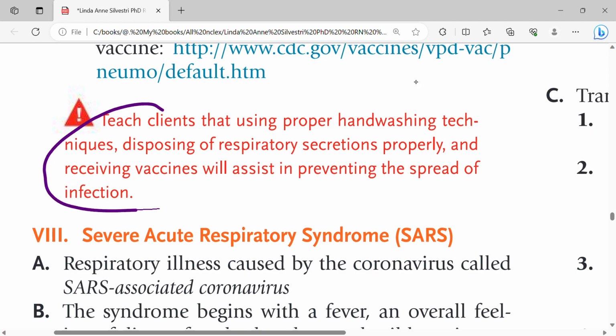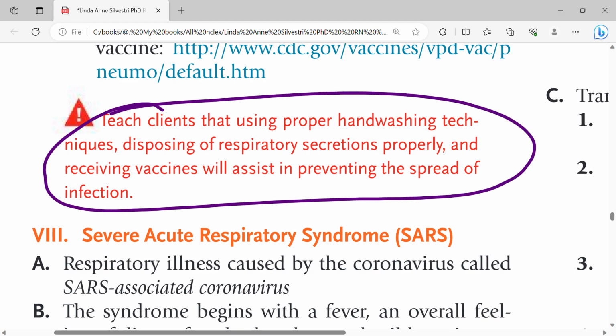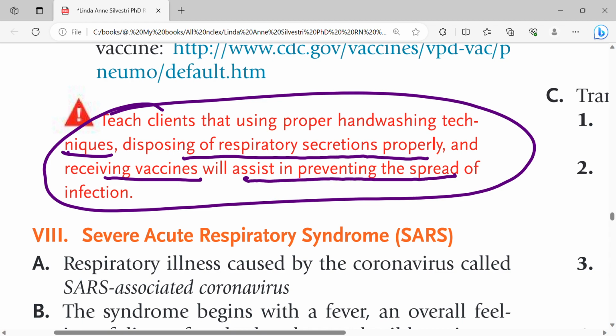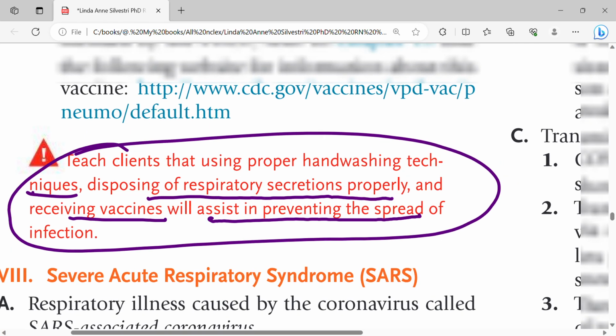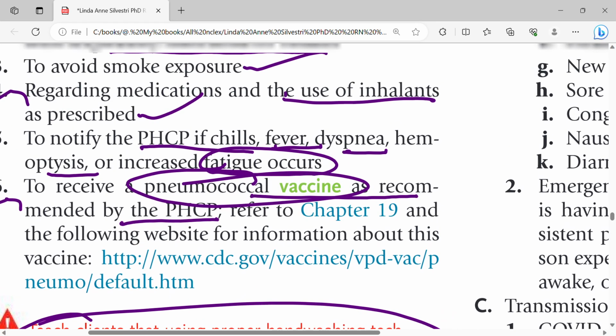Teach the client that using proper hand washing techniques, disposing of respiratory secretions properly, and receiving vaccines will assist in preventing the spread of infections. So these are the things we need to do.